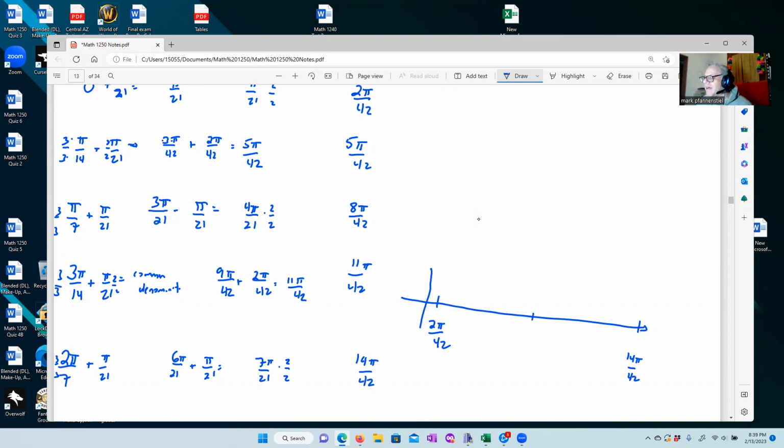And that was going to be 8 pi over 42. Okay, this was going to be 5 pi over 42. And this here would be 11 pi over 42. We have a plus 1, negative 1. So we go ahead and plot our points. So we can go ahead and get our full credit for graphing this thing.